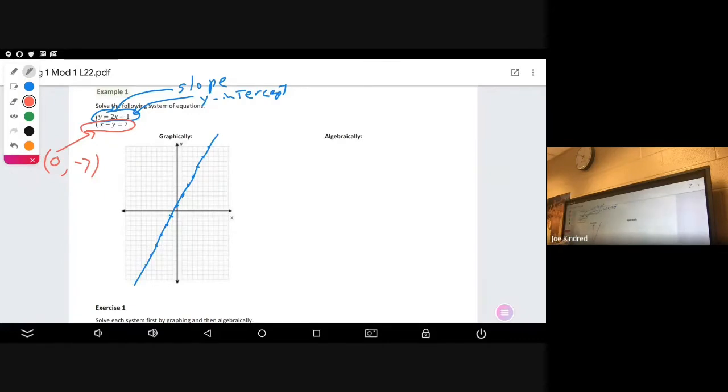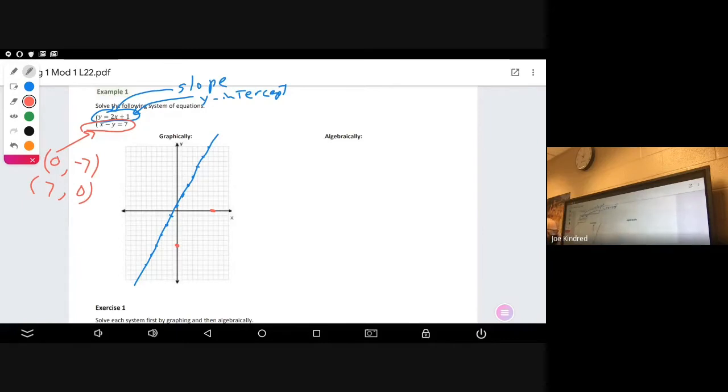If you plug in 0 for y, what do you get back? 0 for y, you get back 7. So here are my 2 points for the red line now. 7, 0, 1, 2, 3, 4, 5, 6, 7. And 0, -7. 1, 2, 3, 4, 5, 6, 7.